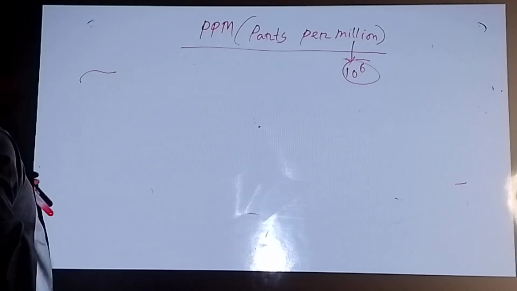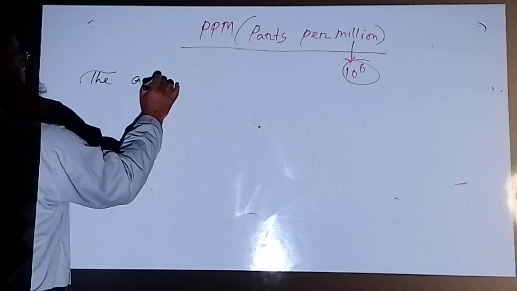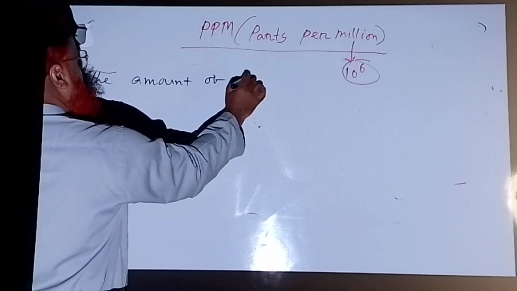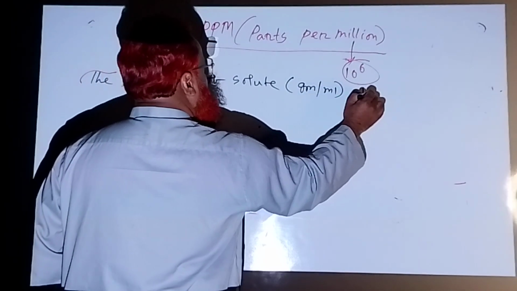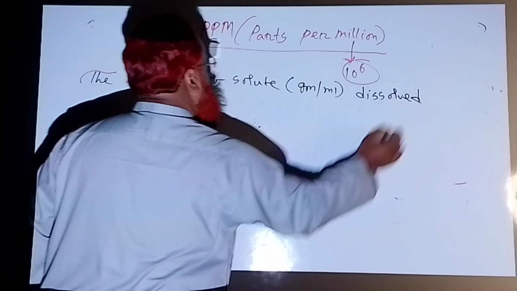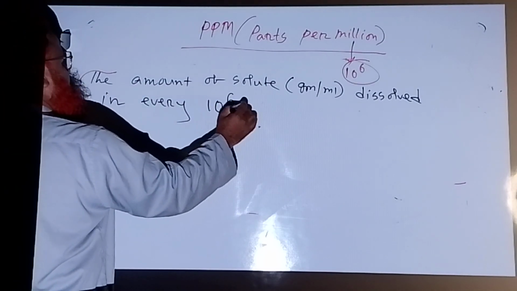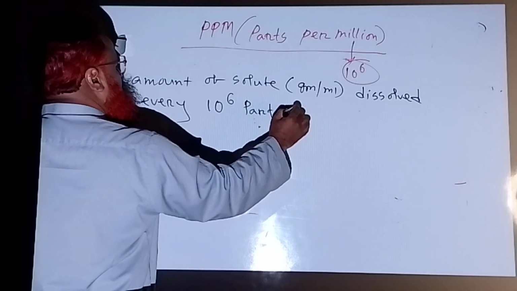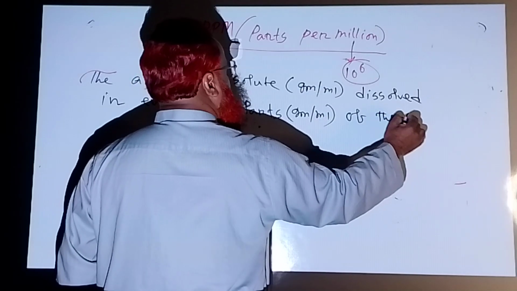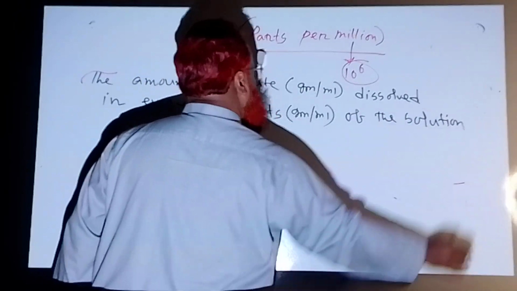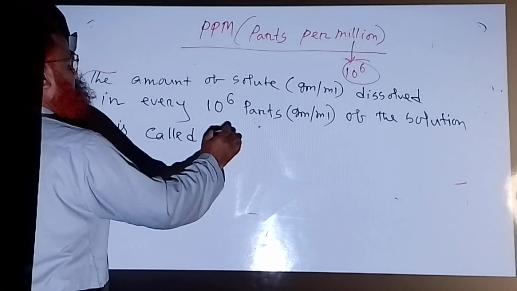The amount of solute, that is gram or ml, dissolved in every 10 to the power 6 parts, gram or ml parts, of the solution is called ppm concentration.